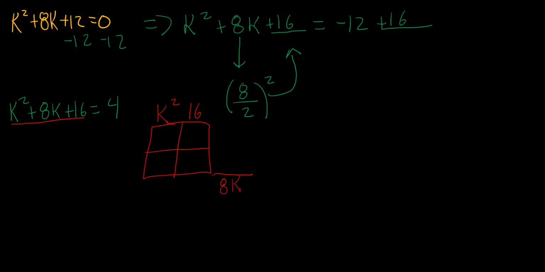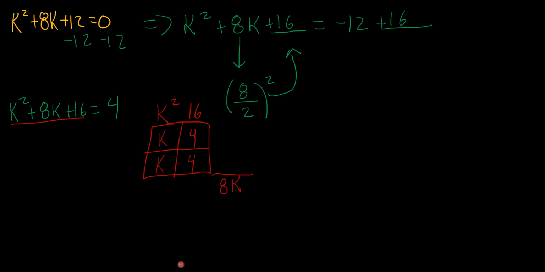8k goes here. So how the magic box works is our two numbers multiplied together have to be k squared. That would just be k and k. And now we need two numbers multiplied together to give us 16. That would be 4 and 4.